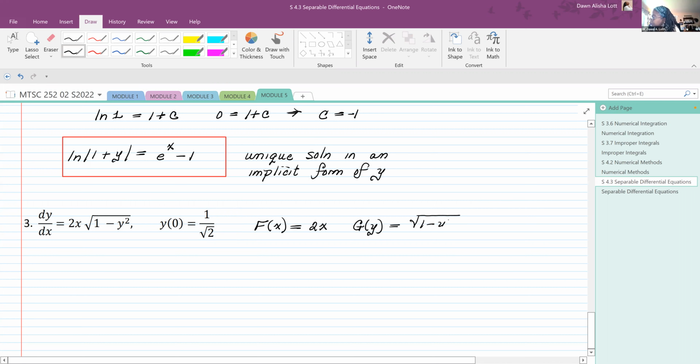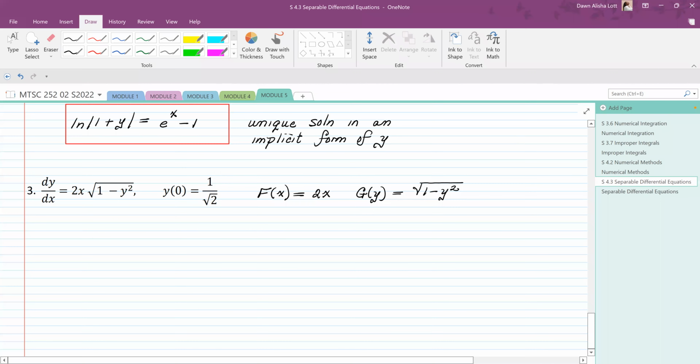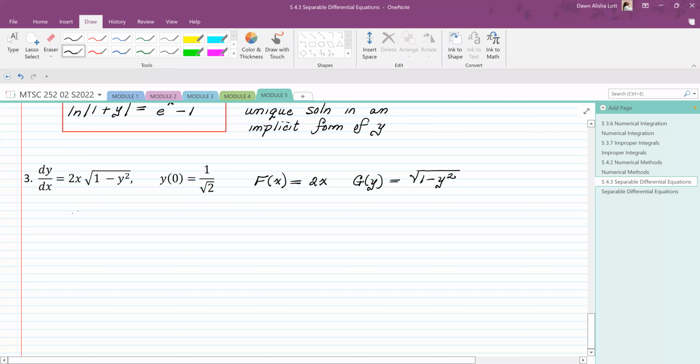Okay, awesome. All righty, so let's move it. I want all y's on this side, so I get dy over the square root of 1 minus y squared, and that's going to equal 2x dx.